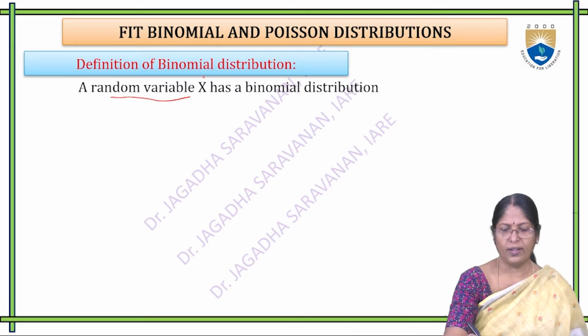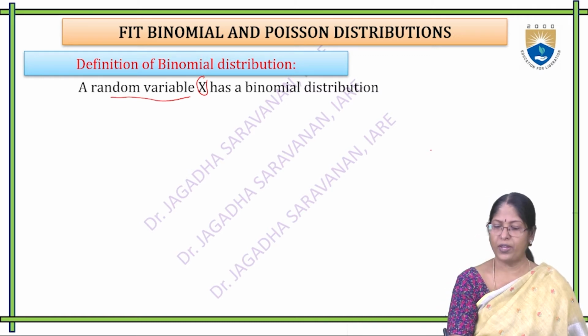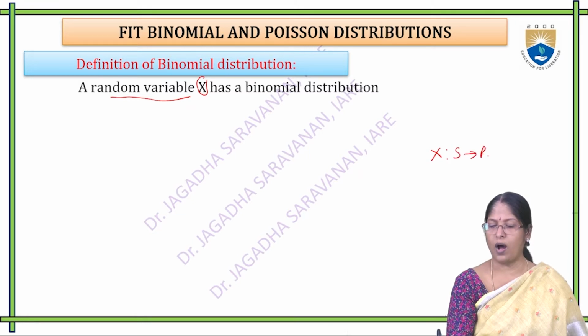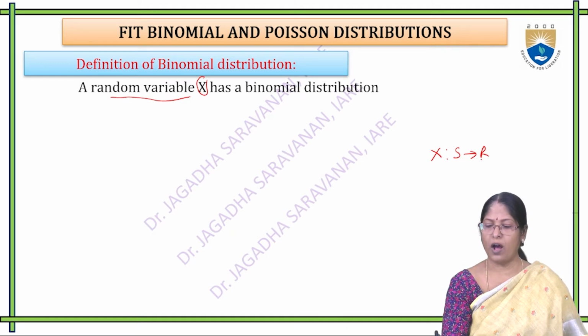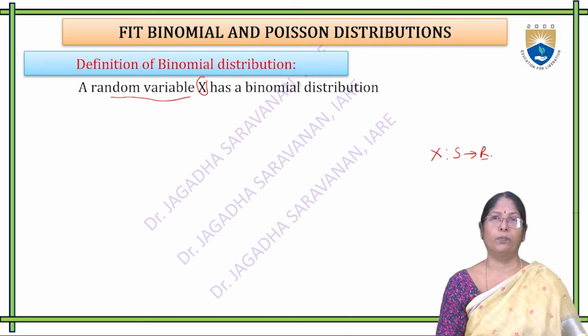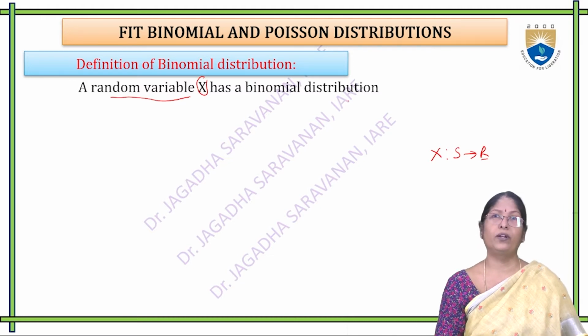That is the reason we call this capital X a real valued function. So the random variable is X from S to R, where S denotes the sample space and capital R denotes real numbers. So the distribution is binomial distribution.